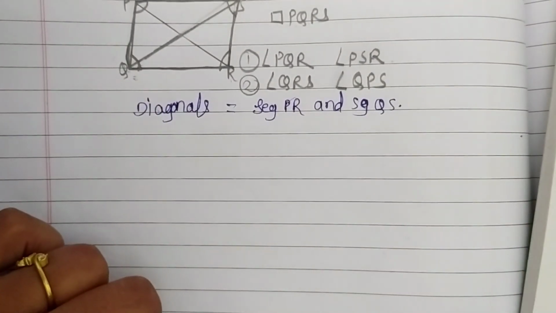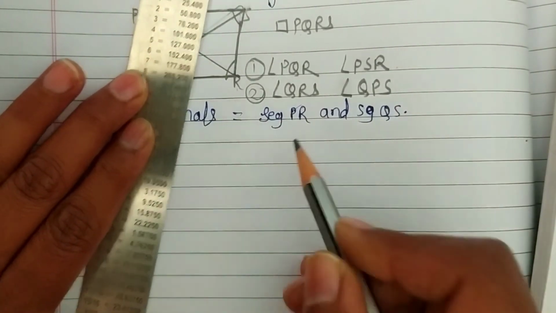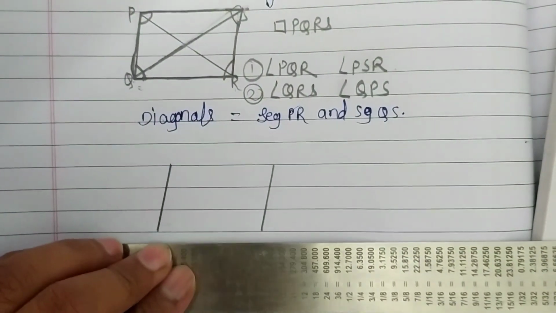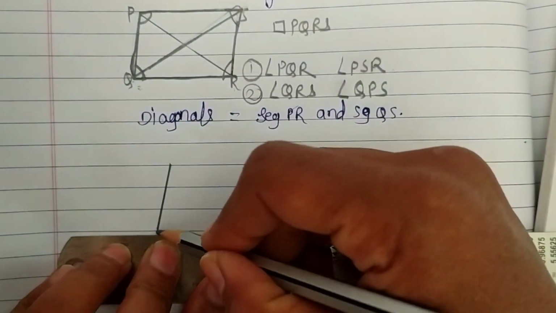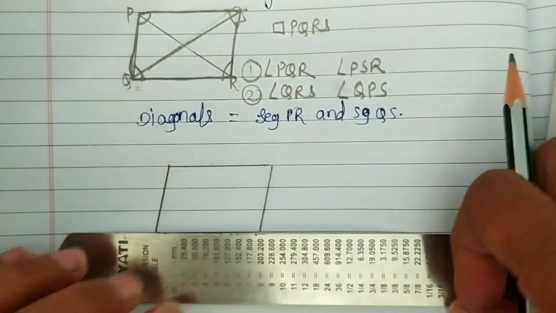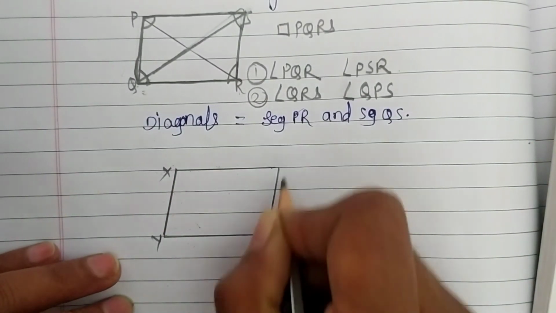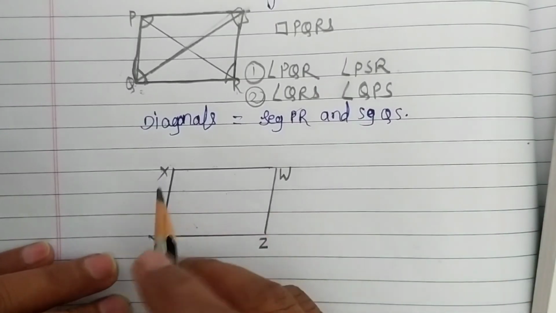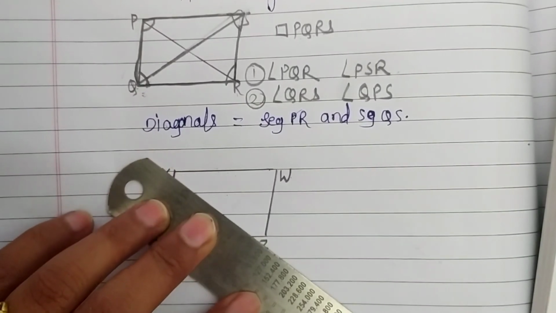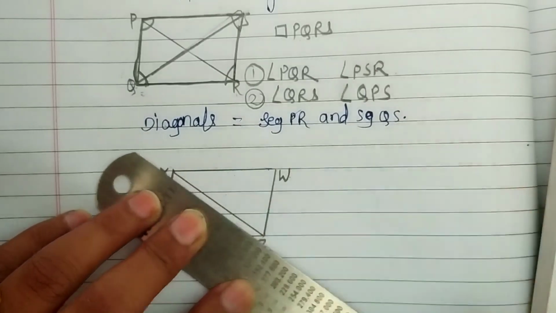Now let's identify the diagonals of another figure. This is quadrilateral XYZW. Let's draw the segments here.